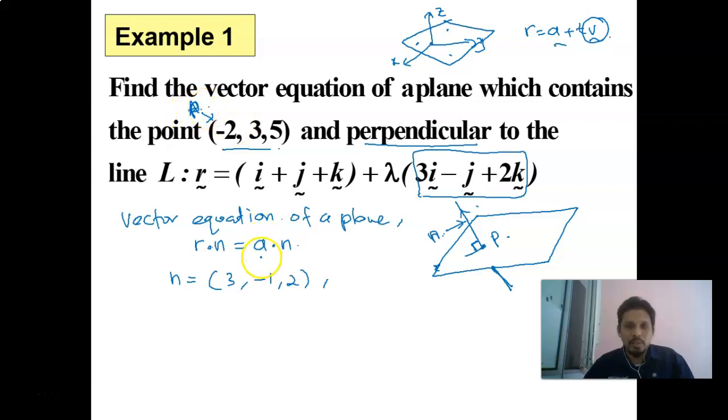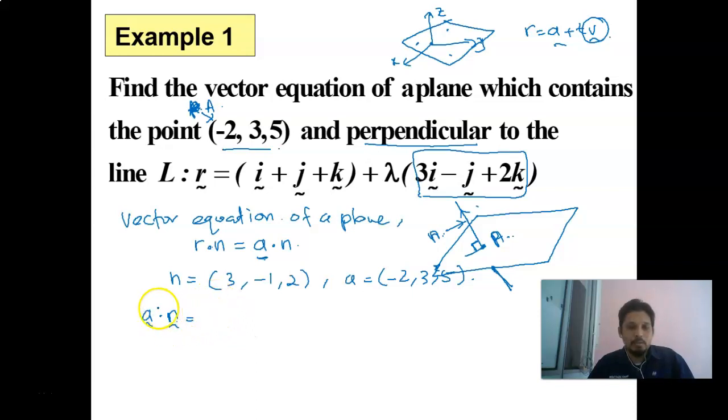Because we substitute the value of a here, it's better for me to label this point as A. So then a equals -2, 3, and 5.